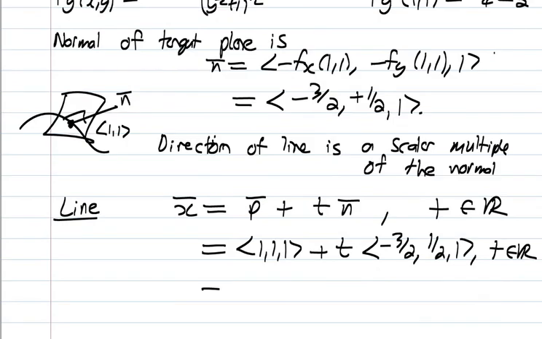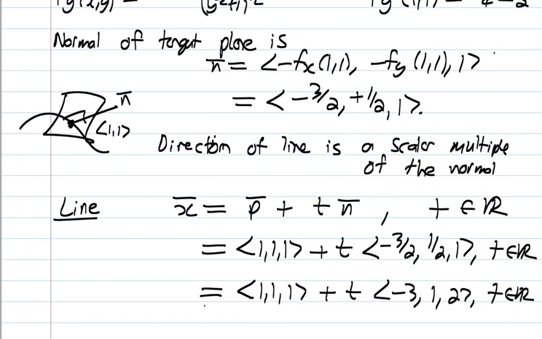You could have used any multiple of the direction. So some students might have written (1,1,1) plus t times (minus 3, 1, 2), where t is a real number. Again, this is the equation of the straight line.